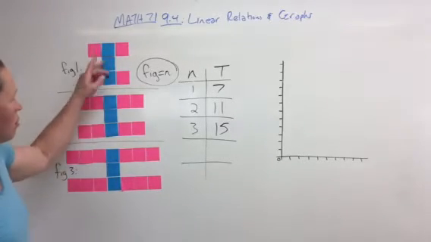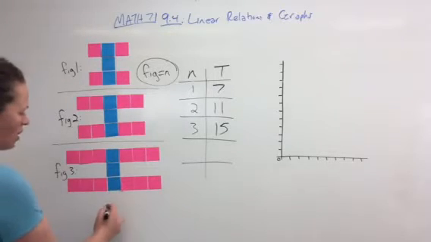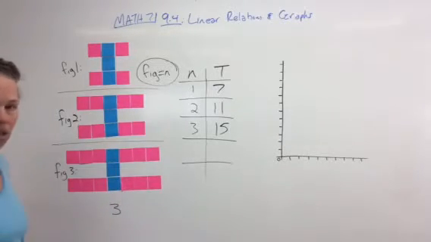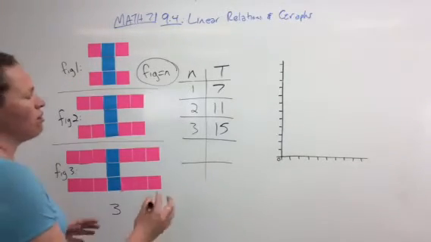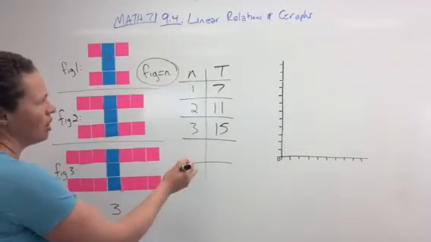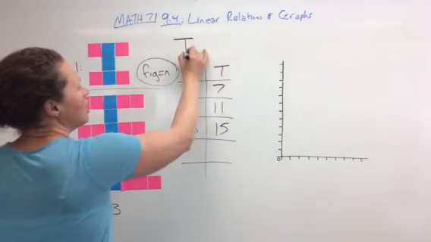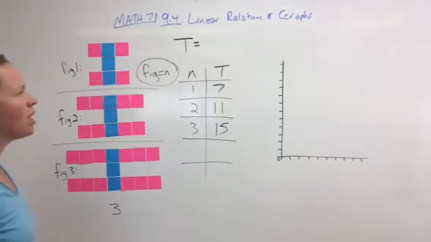I use the 3 in the middle as my start point to show you a pattern. So each one of these has 3 in them, right? So when I go to make the formula to figure out how to get this number when they give me this number, I'm going to make the formula equal to t, because that's what I'm finding out, that's my total.